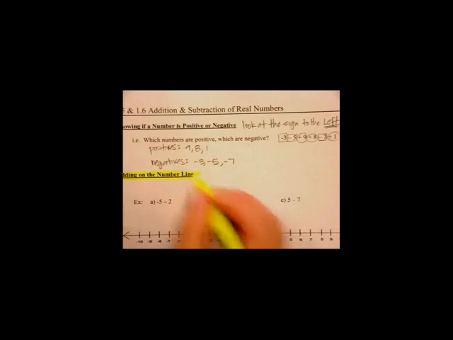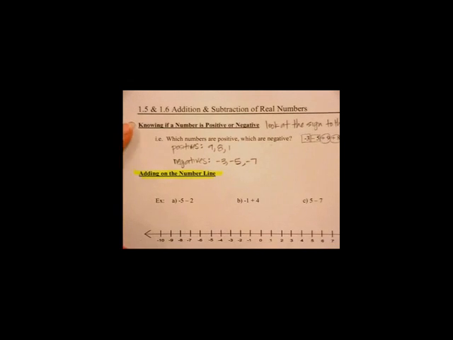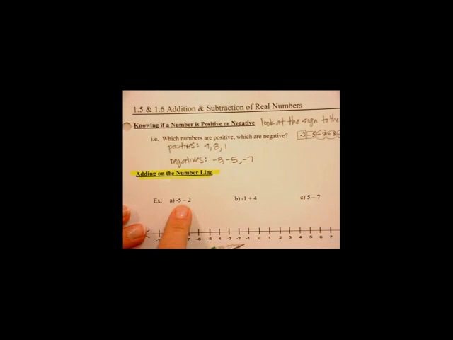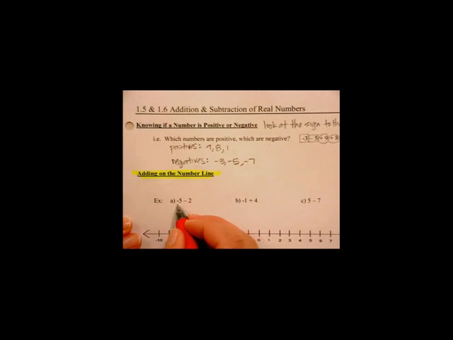Okay, adding on the number line. We can use the number line to help us add and subtract positive and negative numbers. I'm going to start with an example, and then we're going to write down what we did. I look at this first problem A. I have negative 5 minus 2.